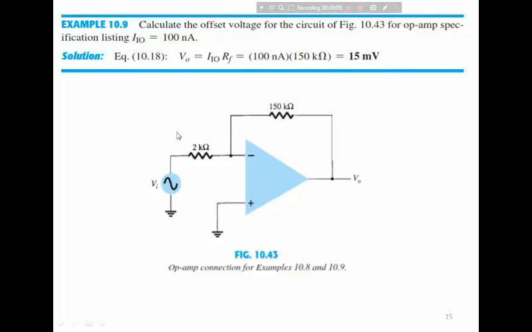Now let's take an example for input offset current. Calculate the output offset voltage for the circuit shown in figure 10.43 for op-amp specification, listing input offset current of 100 nanoampere. So for this op-amp, the input offset current is that established between these two input terminals.